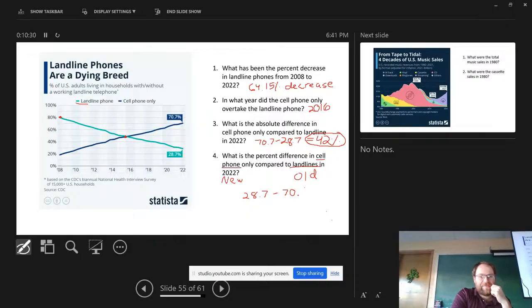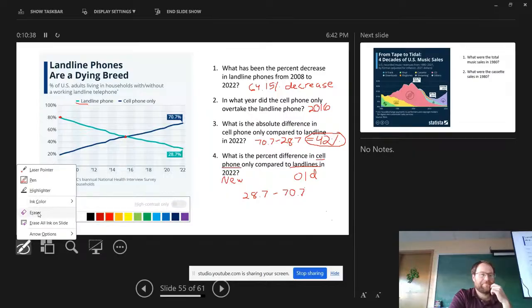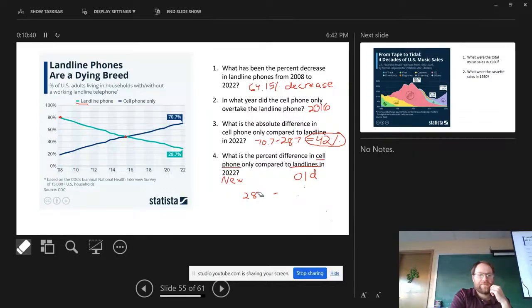Let's see, minus the old. New minus old of 28.7 over the 28.7, right?